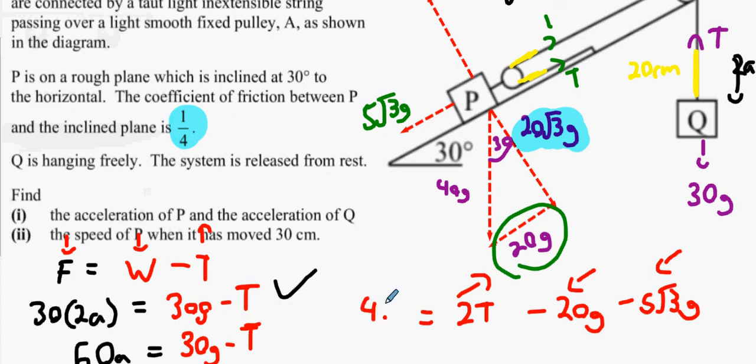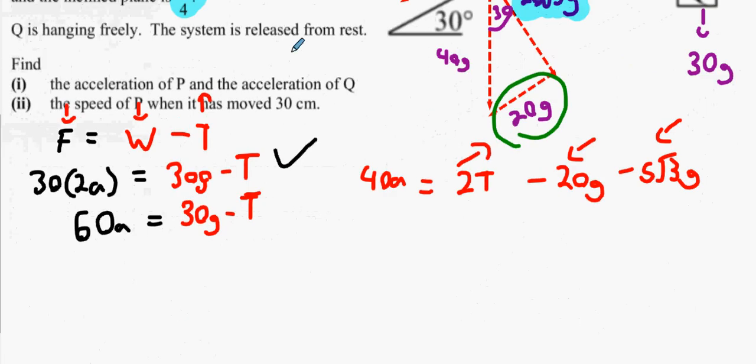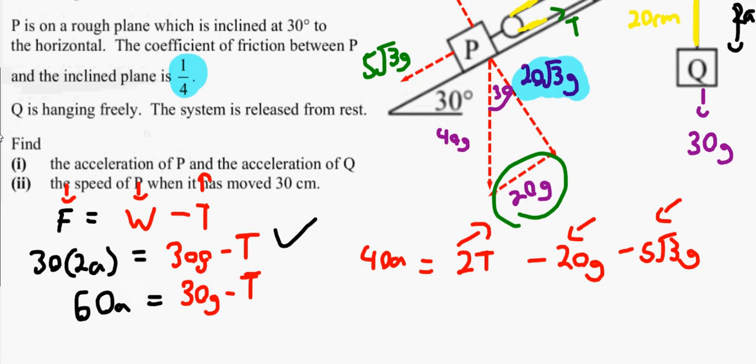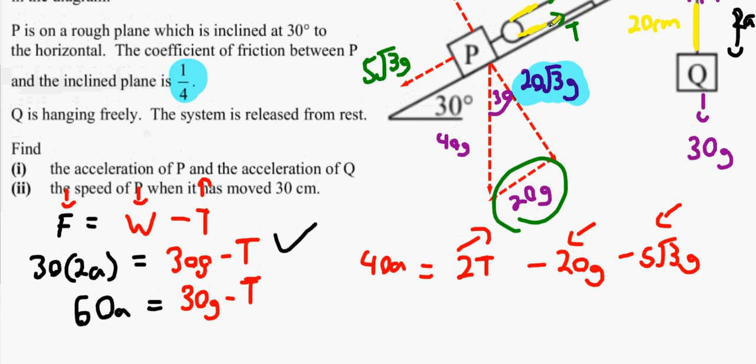Now, I think what I'm going to do here is multiply. Friction opposes your motion. So if you're going up the hill, the friction opposes you down the hill. If you're traveling down the hill, friction opposes you up the hill.